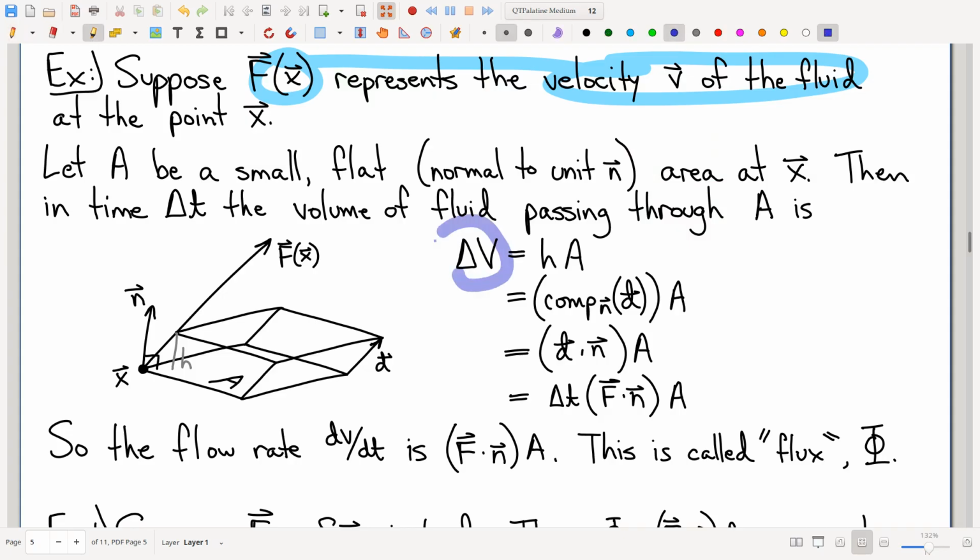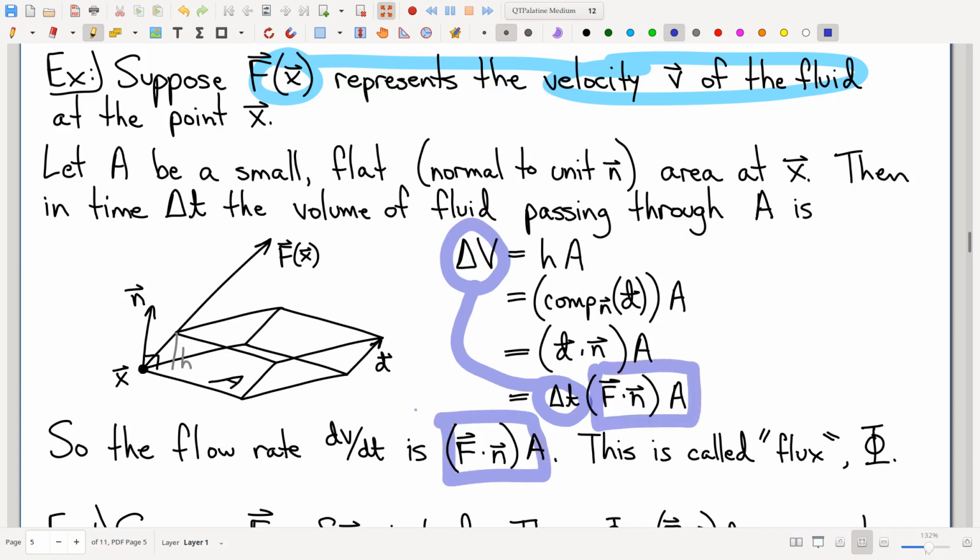The amount of volume in an amount of time delta T is that, or said differently, volume per unit time. Think about if I were to divide this over to the other side. Volume per unit time is this expression right here, F dot N times A. And this is what we call the flow rate dV dt.